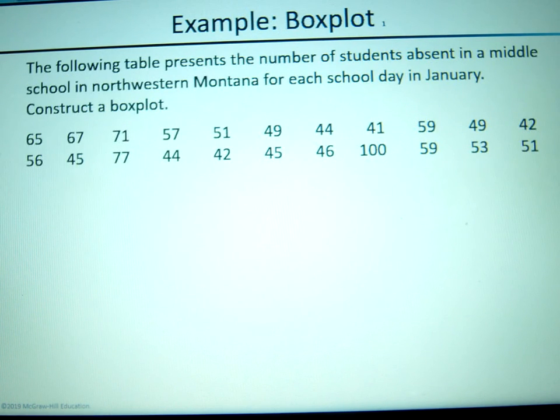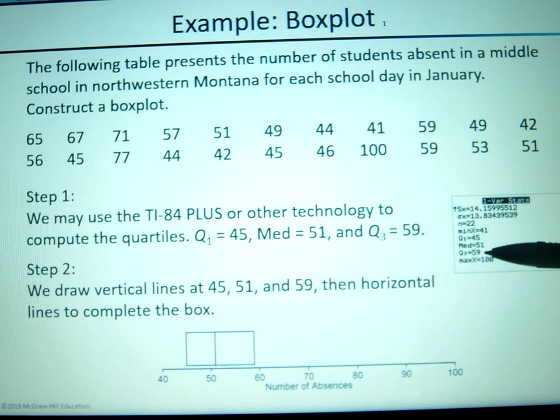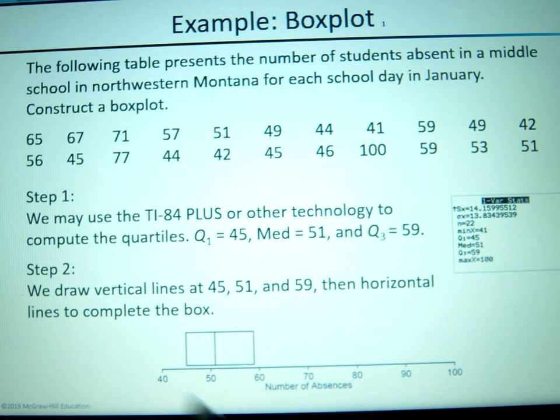Here are our absentees from our school in Montana. We take a look again at the numbers in our 5-number summary. We have 41, 45, 51, 59, and our max is 100. So if I draw a number line, and remember this has to be to scale, so the distances between these numbers should be the same if you're going in tens.